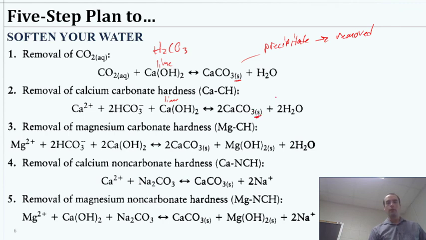So again, we have a solid here, that means it's removed. So essentially what we're saying is, with the chemical reaction, if we make it favorable, as in we have a lot of calcium around, we can scrub out a lot of that alkalinity, a lot of that carbonate.